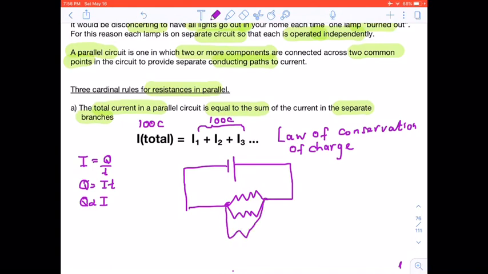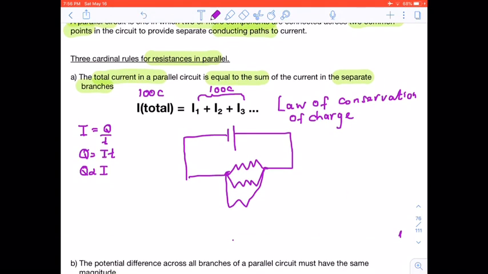So we have the resistors in parallel. But let me just draw this a bit neater. So you have 3 resistors in parallel.